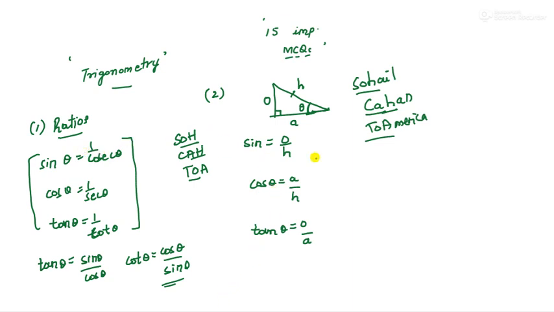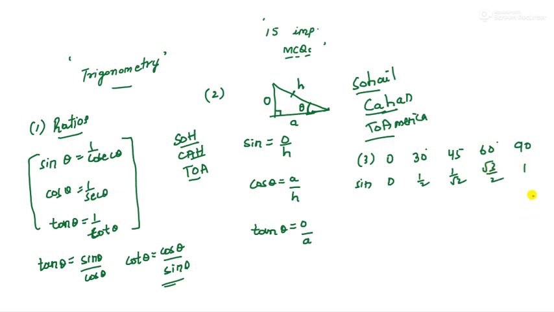So these two. And the third thing is you should be aware of the values of sine, cos and tan for the angles 0, 30, 45, 60 and 90. The trick for sine: you have to write like this. For sine it is 0, 1 by 2, 1 by root 2, root 3 by 2 and 1.